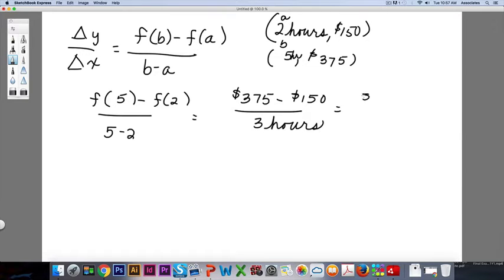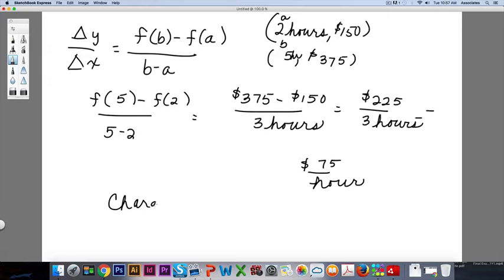When I subtract, I get $225 per 3 hours. That'll simplify, and I get $75 per hour. What does it mean? It tells us that the business charges $75 per hour of work.